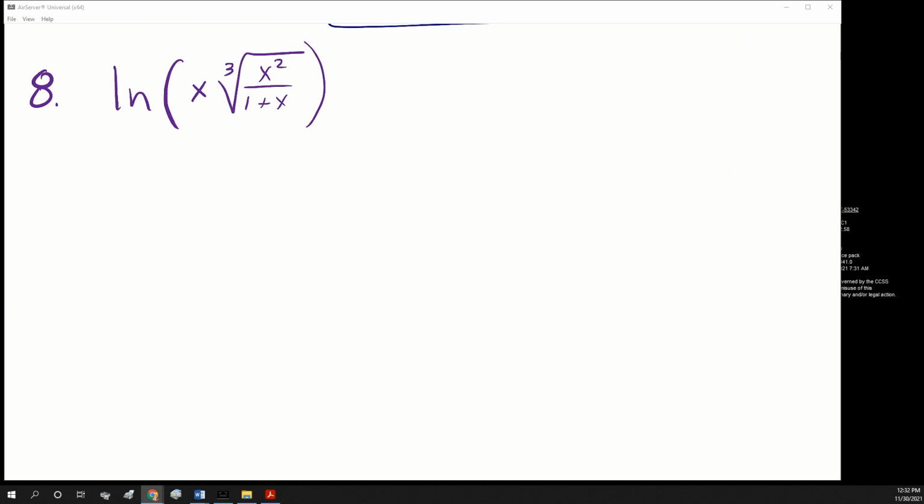All right, so we're going to do a lot of work to this before we use the properties of logarithms. So what we're going to do first is rewrite this cube root. So what exponent means the cube root? 1/3.